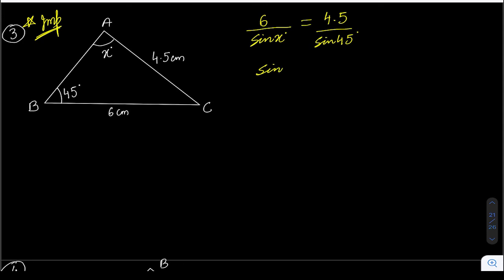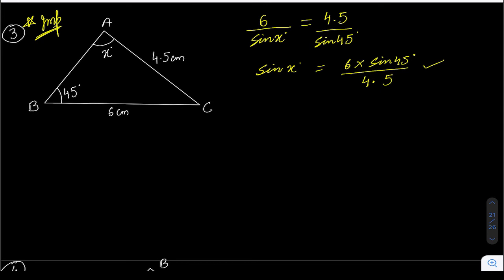So from this, I can write sine x equal to six times sine of 45 degrees divided by 4.5. I think there is no problem in this. Up to this point, it's correct.